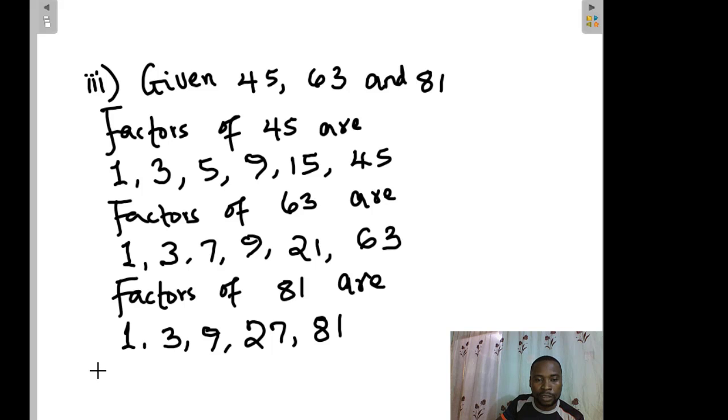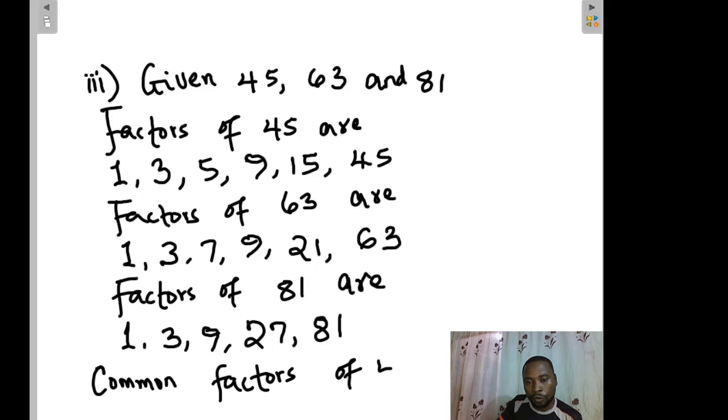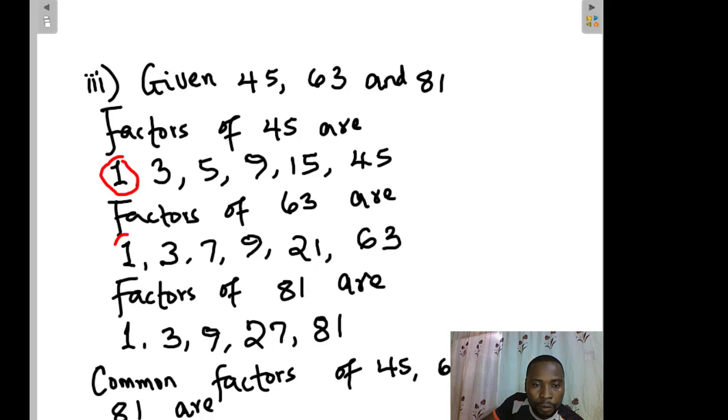So this means the common factors of 45, 63, and 81 are, so we have 1 here, 1 here, 1 here.